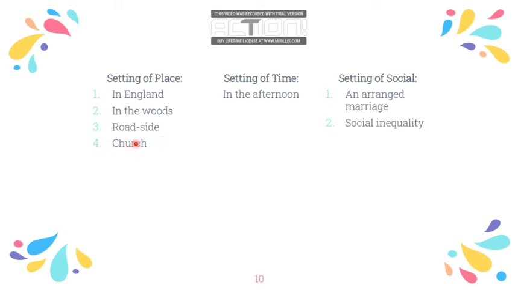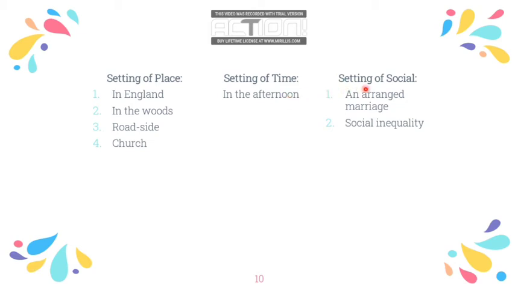In the church is when Robin Hood helped the young man to get his love again. The next is setting of time. The setting of time here is the afternoon, when Robin Hood wants to go to church.